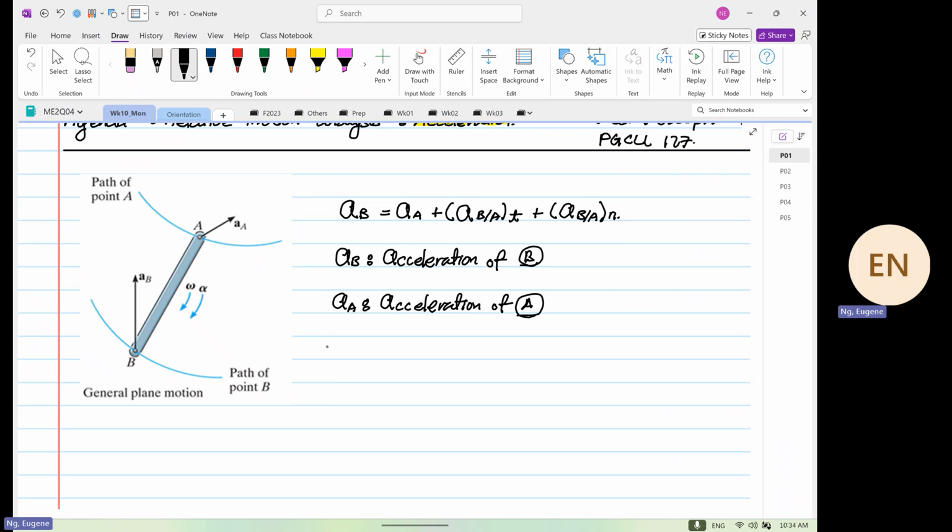What it states is a B relative to A, T, and this is the tangential acceleration of point B with respect to point A.